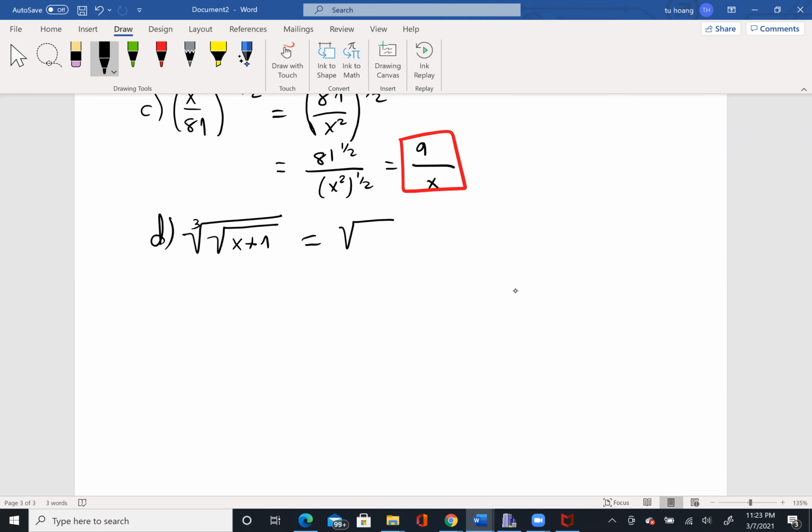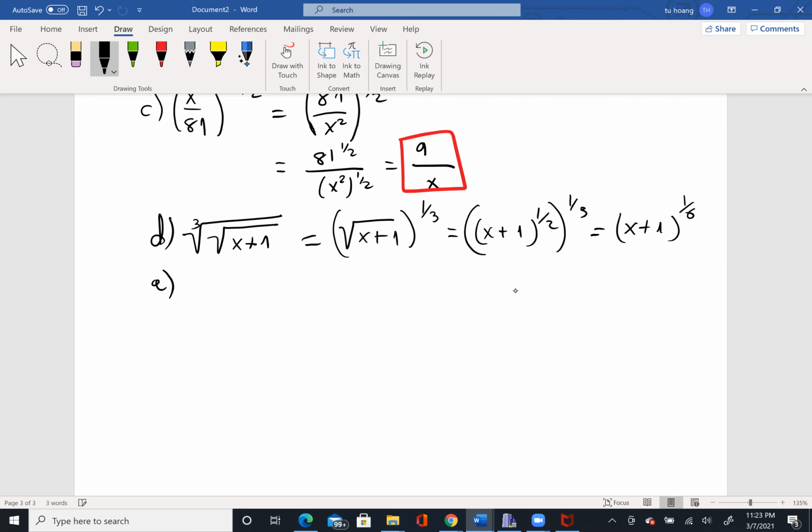First step with the cube root, it's going to change to be square root of x plus 1, everything to power 1/3. And now I'm going to change the square root to become x plus 1 to power 1/2 and everything to power 1/3. And lastly, you're going to just apply the power rule for the exponent. You're going to have x plus 1 to power 1/2 times 1/3 is 1/6. Okay.